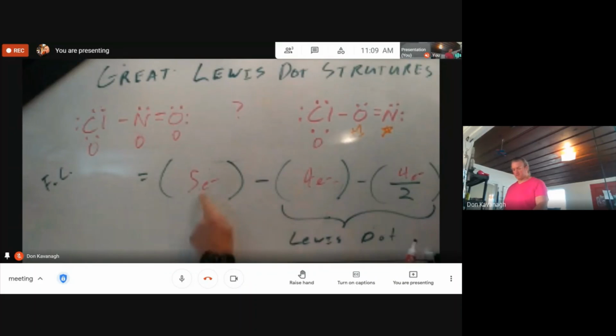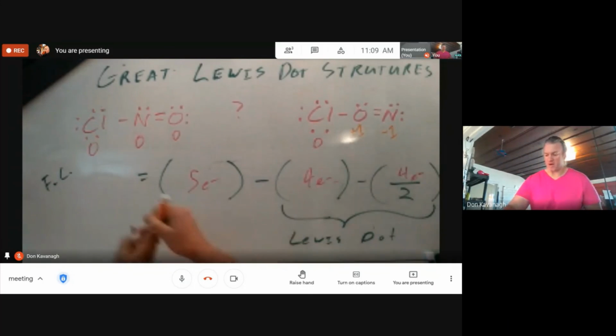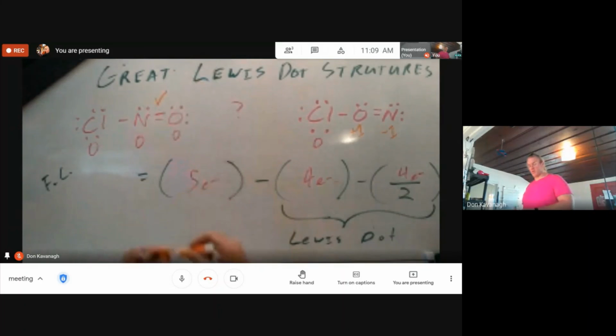So 5 minus 4 minus 2 equals negative 1. So based on our formal charge calculation of individual atoms, this is the better prediction for the Lewis dot structure of ClNO, nitrosyl chloride. Thank you very much.